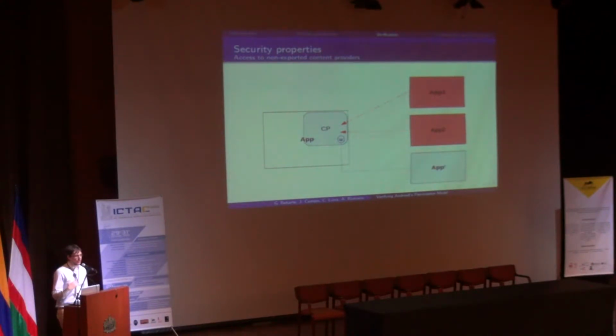However, we noticed first in our formalism and then in the actual system that if we delegate permissions to access, for example, a URI of the content provider to an external application, then this external application can create an instance that will be able to access that URI of the content provider which is not exported.